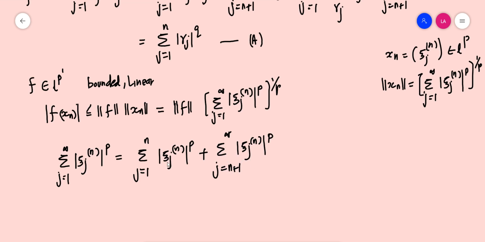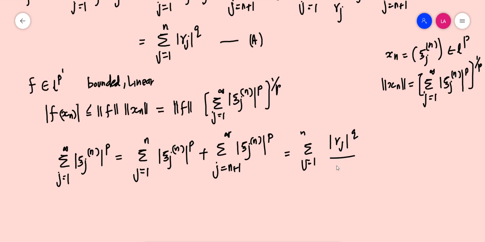And before the nth stage, the value of theta jn is actually modulus of gamma j the whole raised to q divided by gamma j. So we substitute that: the summation j equal to 1 to n of modulus of theta jn, which is modulus of gamma j the whole raised to q divided by gamma j.